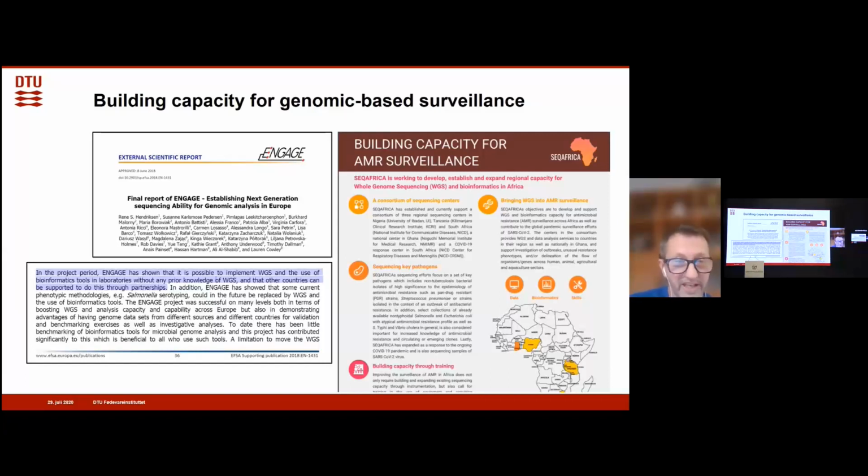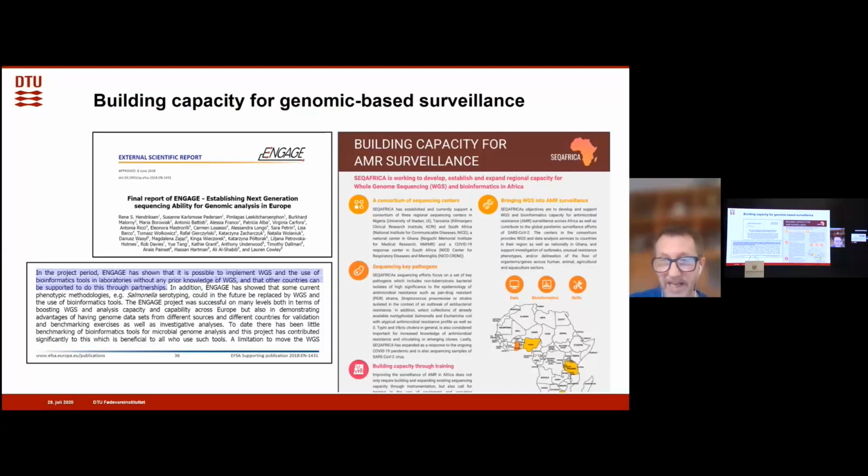And this was actually done in 2 years. So basically, we helped countries without prior knowledge, and in 2 years, we established the capacity, and they were doing whole genome sequencing in routine.